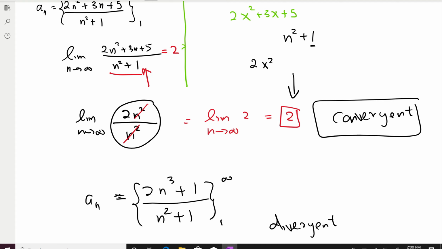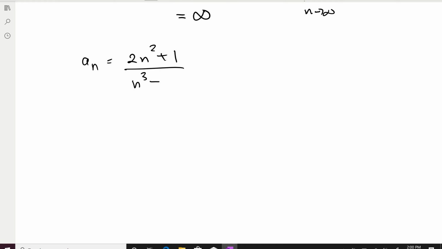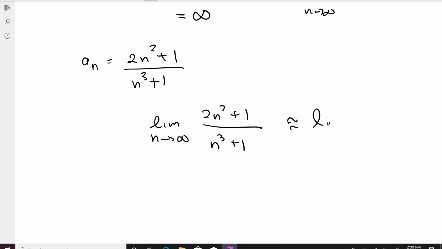Right. And let me take another example. The third sequence is 2n squared plus 1 over n cubed plus 1. So let's take the limit. Limit when n goes to infinity, 2n squared plus 1 divided by n cubed plus 1. Now this is almost the same as taking the limit of the dominating terms of both numerator and denominator. The dominating term of the numerator is 2n squared, the term with the highest power of n.